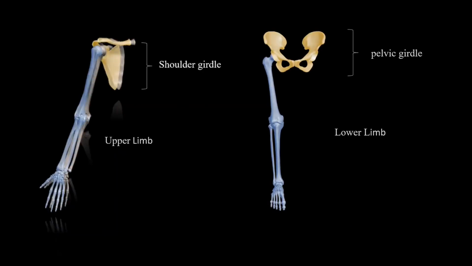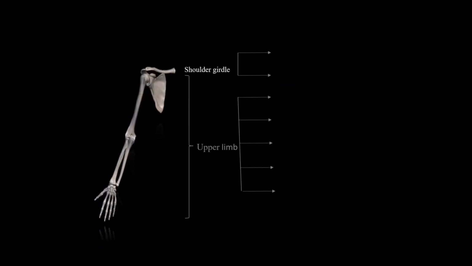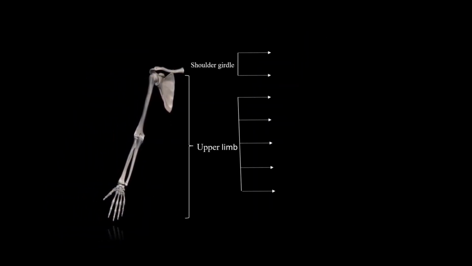So let's first focus on the upper extremity. As the human body is bilateral and extremities are present in pairs, all the bones of the extremities are also paired. There is 1 clavicle bone and 1 scapula bone in each shoulder girdle.